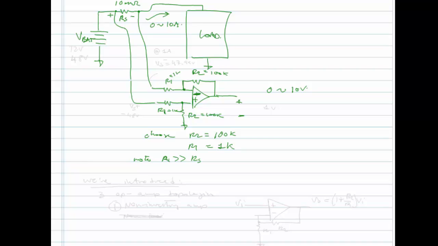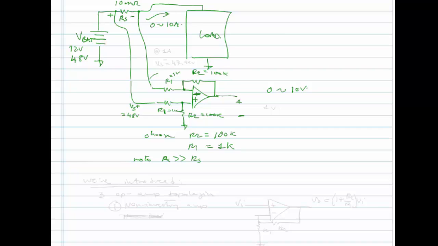And this battery, for instance, could be a 12-volt battery, but it could be, say, a 48-volt battery. If you think about it, at 48 volts, if I'm sensing 1 amp, the voltage going to the positive input, right here, we'll call it Vs plus, would be equal to 48 volts.